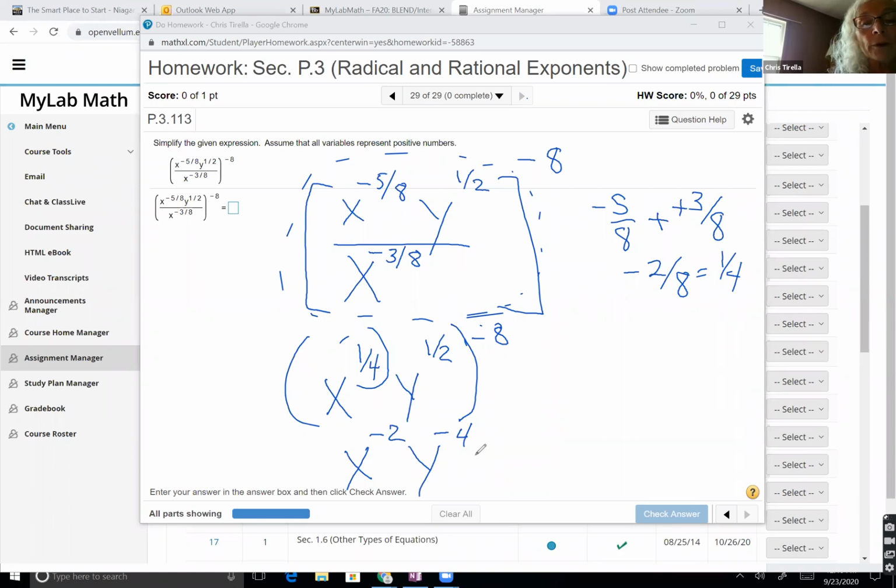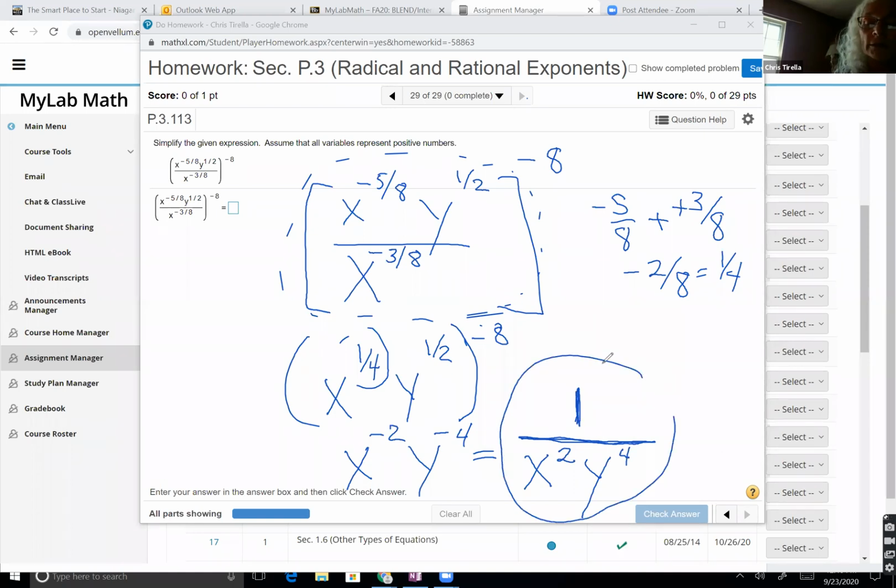It doesn't say to write it with only positive exponents, but usually they want you to. Since I've got negative exponents, I'm making the fraction. Anything with a negative exponent, that factor becomes positive when I move it to the denominator. Since there's nothing left in the numerator, we'll put a 1 there. And so this will be our final answer here.